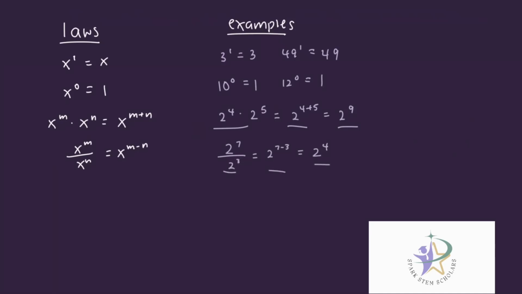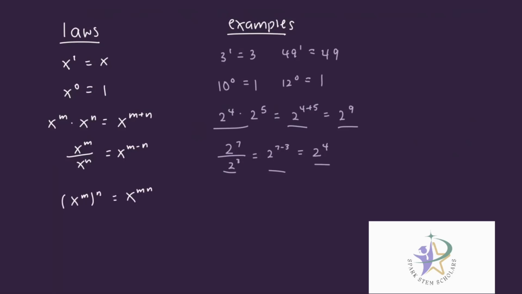So next up, we have the power over power rule. The general rule is that x to the m, to the n, equals x to the m times n. So m and n will multiply each other.